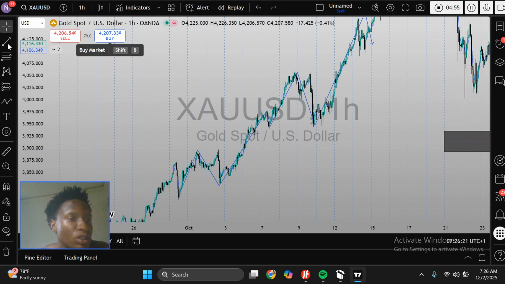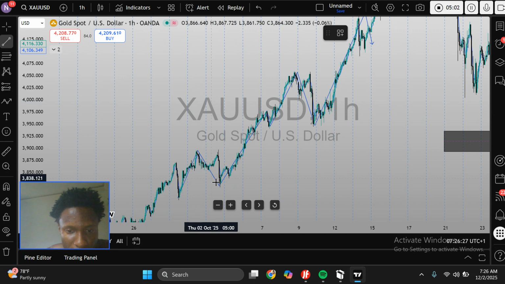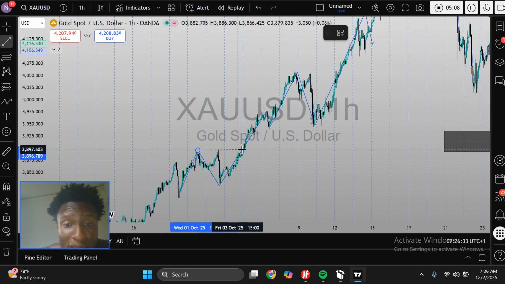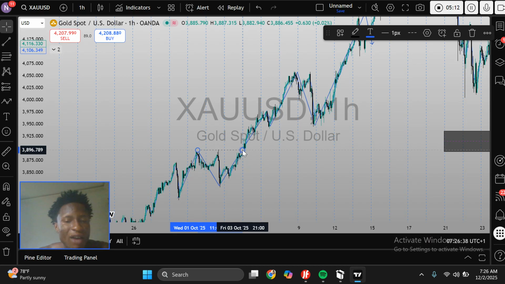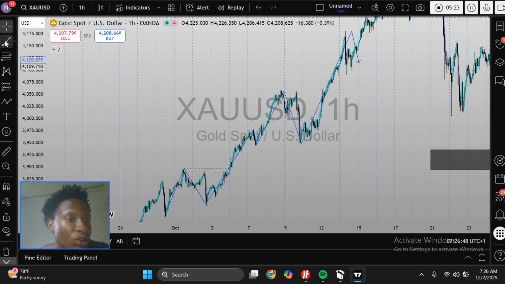And now notice something. Once price creates a higher low, what does the market do? The market comes and breaks a structure. Once the higher low has been created, we are definitely going to see a break of structure.